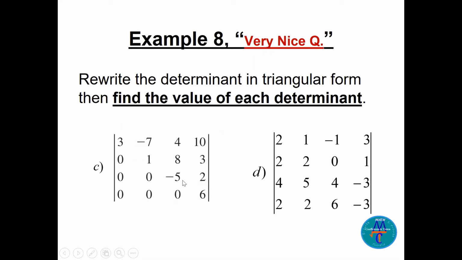See, if you make a triangle here, all zeros under the main diagonal. But this one is not. This is ready. C is ready. D is not ready. So we can make it ready. We can make zeros under the main diagonal or zeros above the main diagonal, the same determinant we can get.